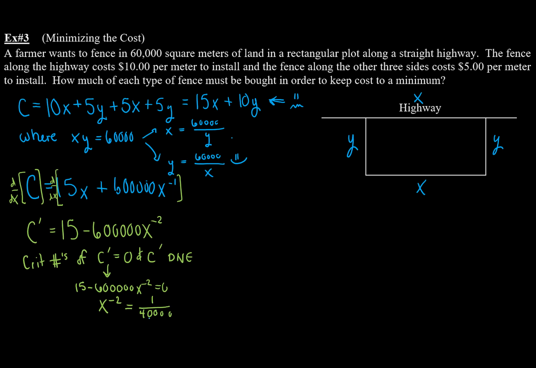Now, if I get rid of the negative 2, if I take the reciprocal of both sides, which is totally legal, I end up with x squared is equal to 40,000.